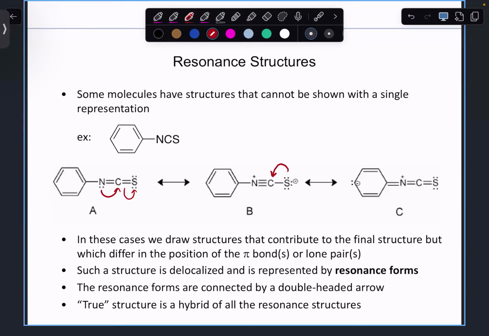Now again, I can't just put a second bond to carbon and leave everything else as is, because then the carbon would have 5 bonds on it. So as I form a second bond from sulfur to carbon, I'm going to have to break one of those bonds from carbon to nitrogen.